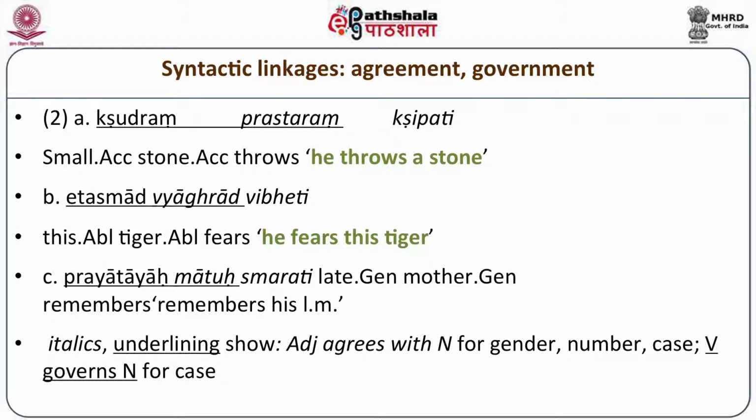He threw them at me, he fears them, he remembers them. You don't say he remembers there, you say he remembers them. But in Sanskrit, the case differs. That is why Sanskrit is different from English. It works differently. So it's important to see that a verb can govern objects with various cases. This is called governing. We here speak of the head, which is the verb, having a syntactic linkage with its dependents, here the nouns, through this mechanism of government.